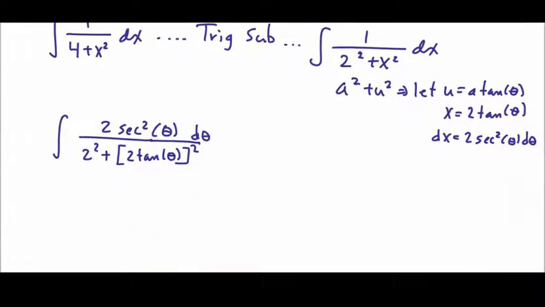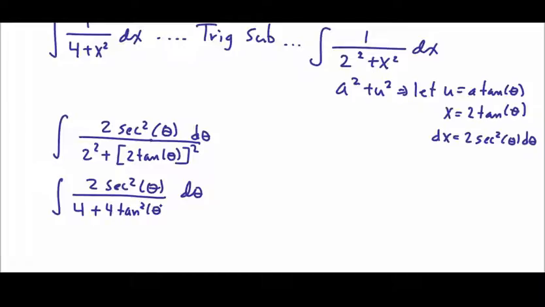Now what we have to do is simplify the heck out of this thing. So in the numerator there's really not much I can do. I have my 2 secant squared theta d theta. Now in the denominator I have 4 plus 4 tangent squared theta. And then like I said, we have to simplify.